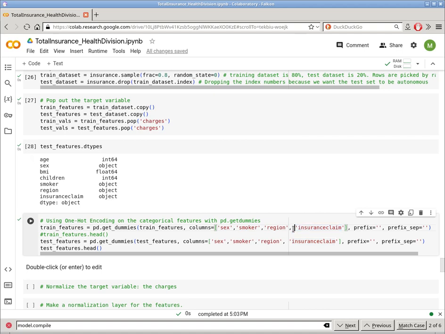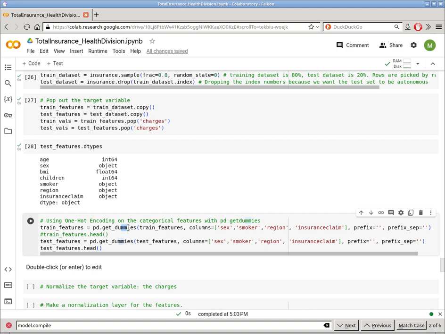So I had to add insurance claim here. Insurance claim was not originally, that looked like this. Okay, so we put insurance claim in there as one of the features which needs to be turned into one hot.